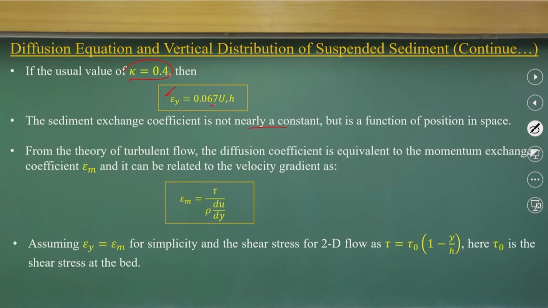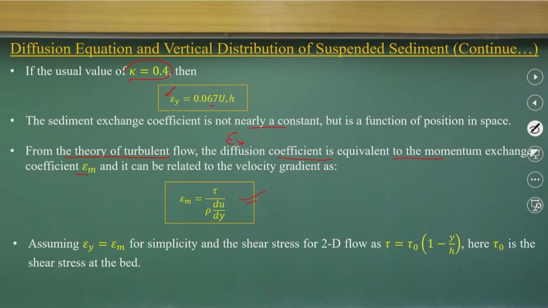It is flow depth dependent, but for turbulent flow, the diffusion coefficient is equivalent to the momentum exchange coefficient. It can be related as equivalent to the momentum exchange coefficient and Newton's law of viscosity in a turbulent gradient.